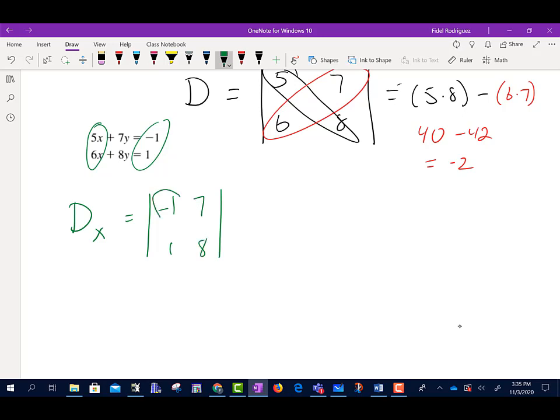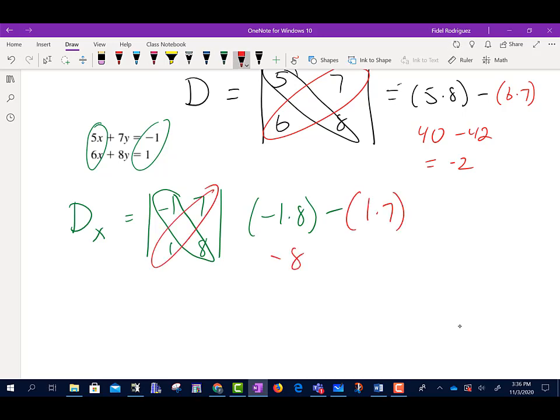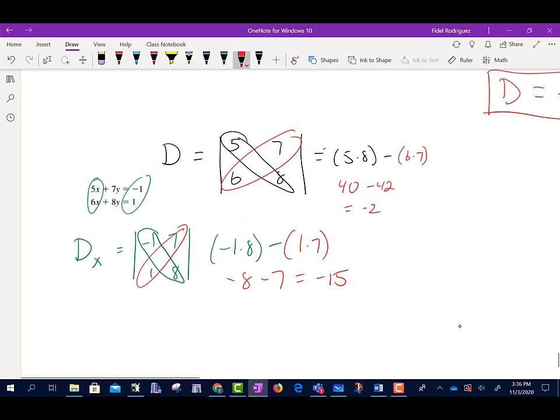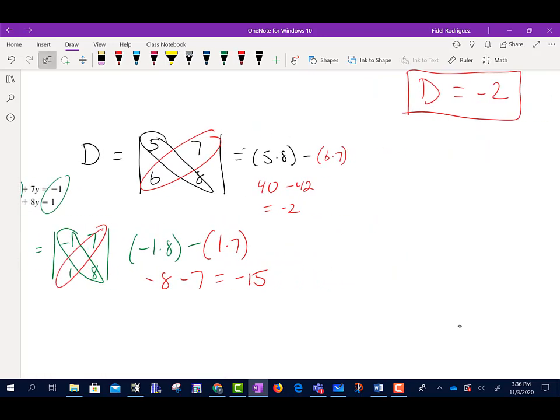So I'm going to multiply again. -1 times 8 minus 1 times 7. So this is -8 minus 7. This is -15. Okay. So over here, for my dx, we came up with -15.